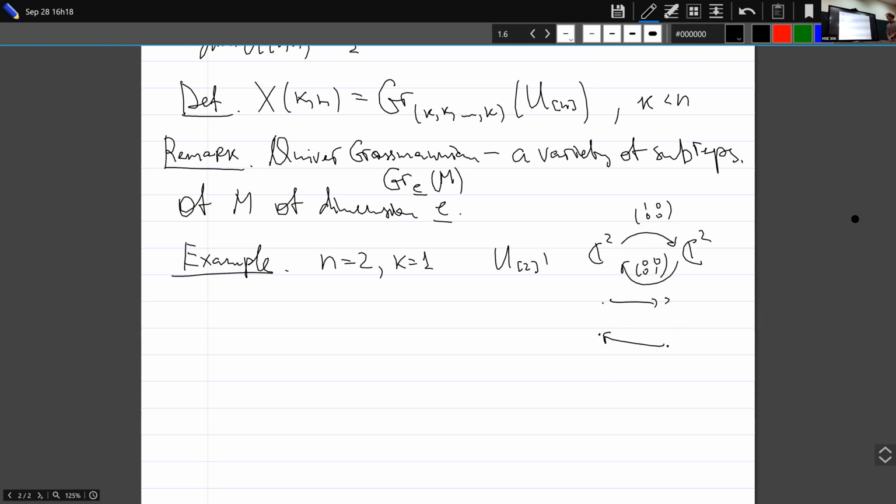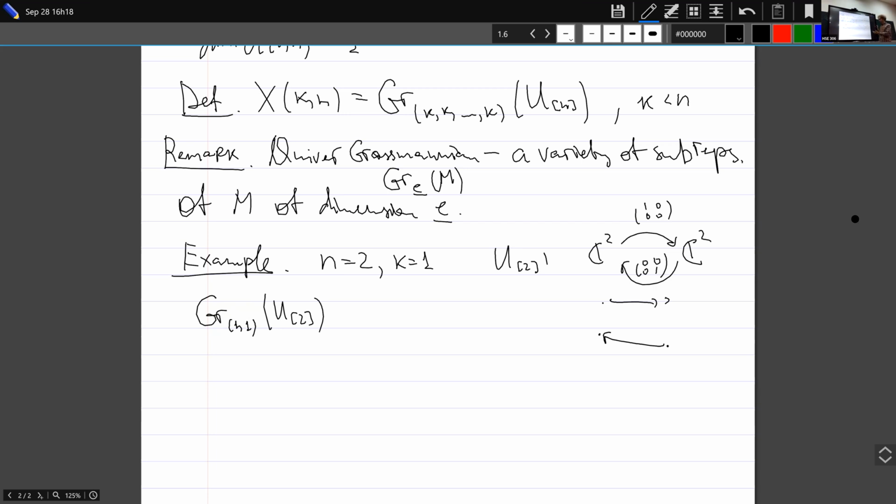And then I can ask what is the Grassmannian Gr_1(G_2)? This is very similar to what we've seen in the example of today. We have to choose a one-dimensional subspace in this two-dimensional vector space, and there are two options.